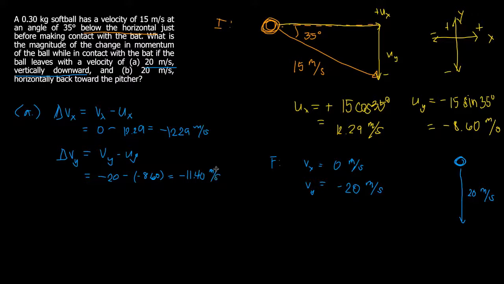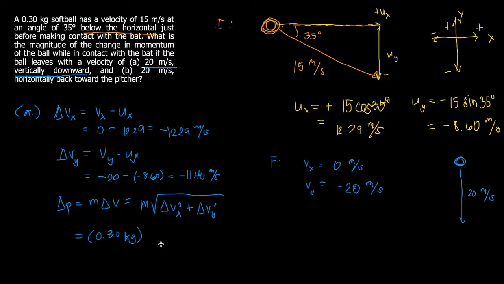Okay. Ngayon, to find yung change in momentum, that is equal to the mass times change in velocity. And to know the change in velocity, that is the combination of the components of the changes. So that is m times the square root of delta v sub x squared plus delta v sub y squared. Okay. So ano yung mass? That's 0.30. Ano yung delta v sub x?